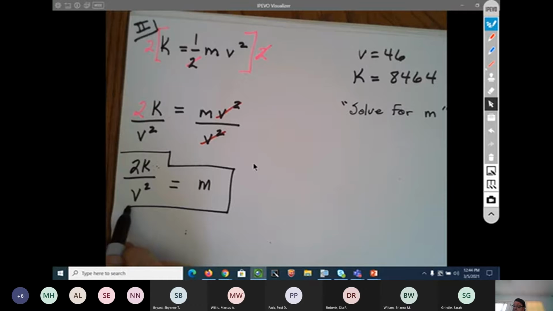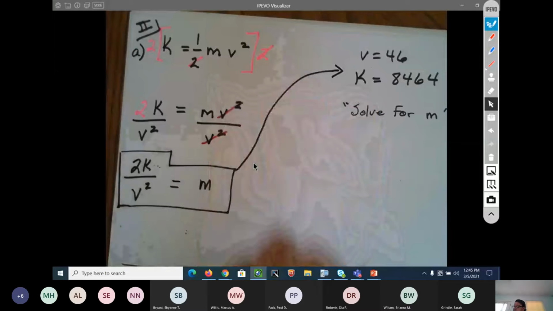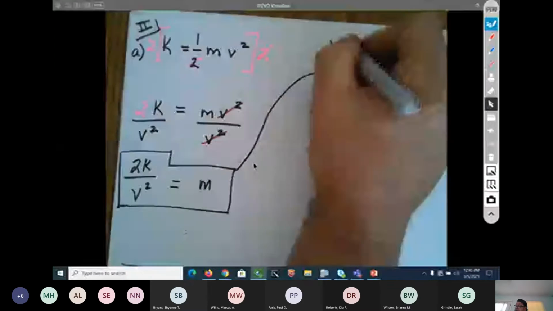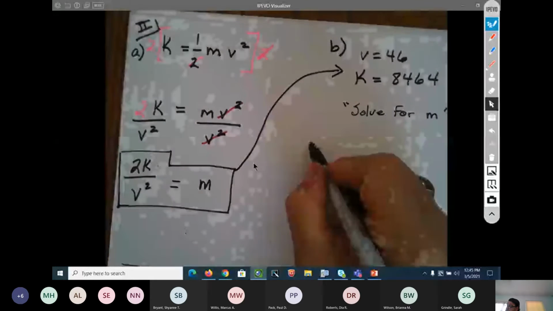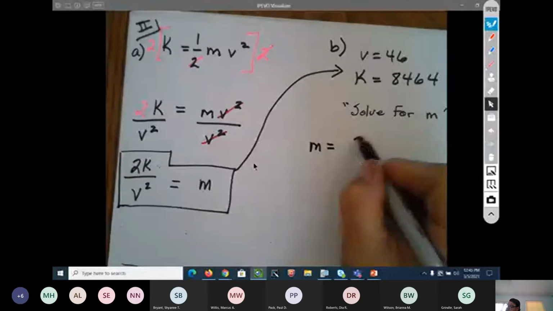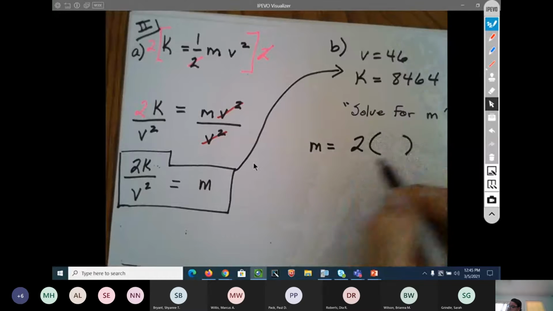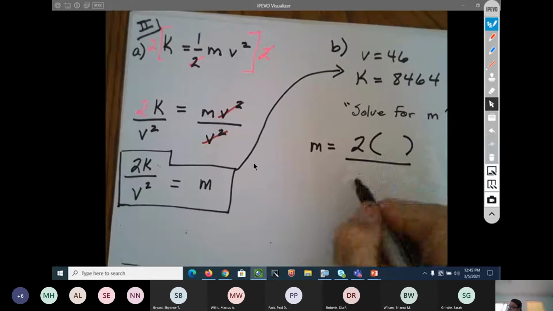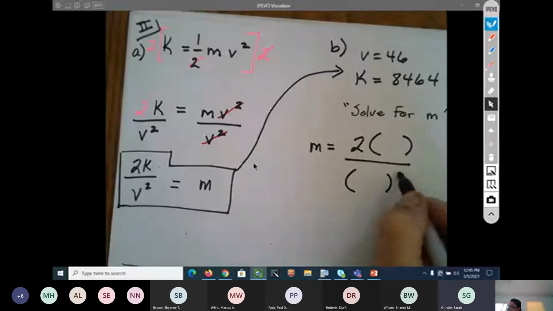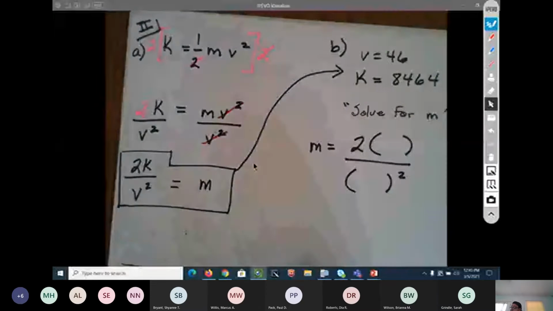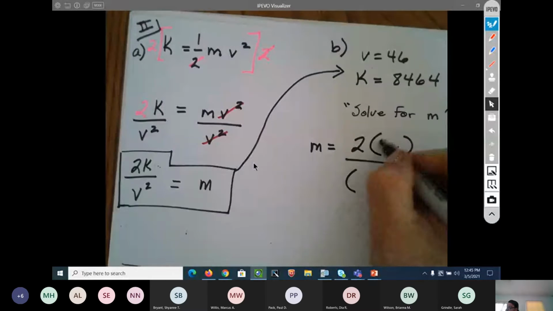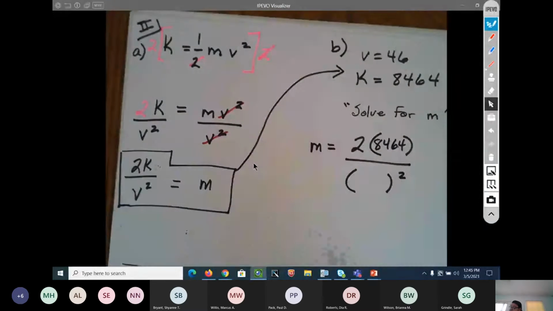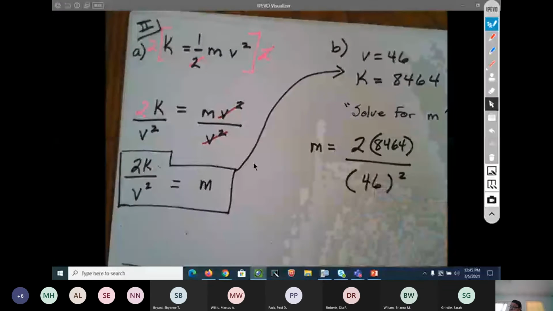Part A is to solve, and part B is to plug and chug. So m is equal to 2 times k divided by v in parentheses squared. And k is equal to 8464. And v is equal to 46.